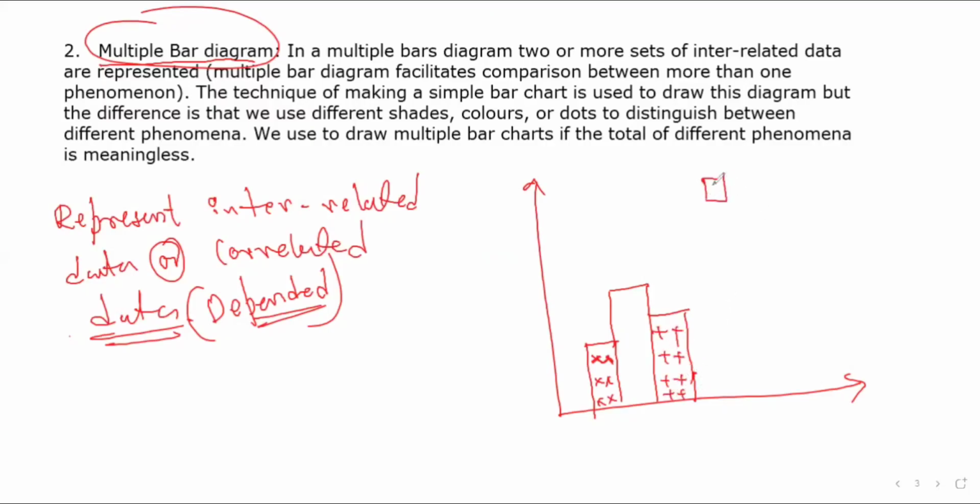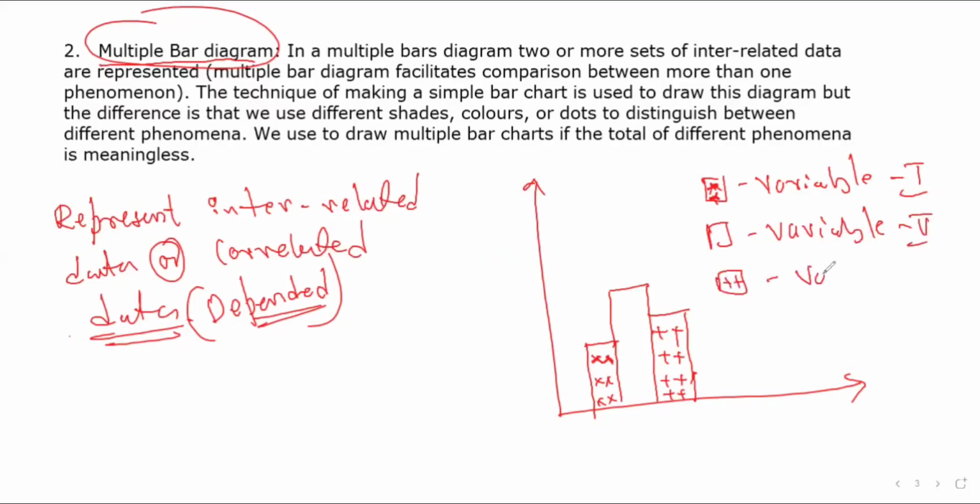So here I will give the index. Cross represents variable one, empty represents variable two, then positive sign represents variable 3.